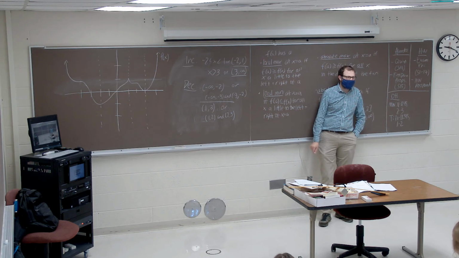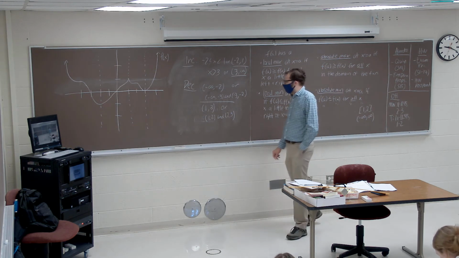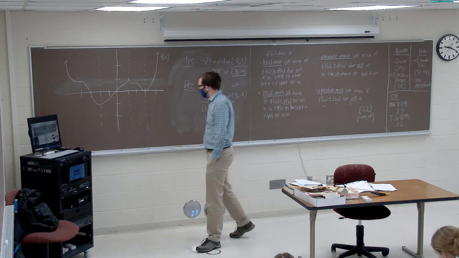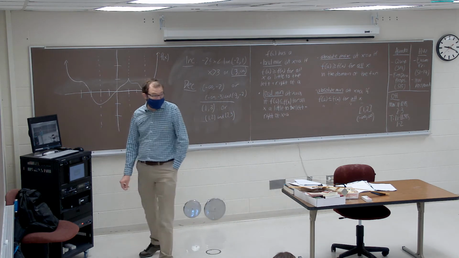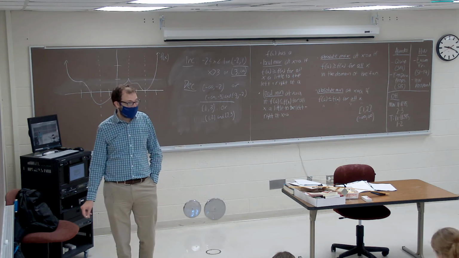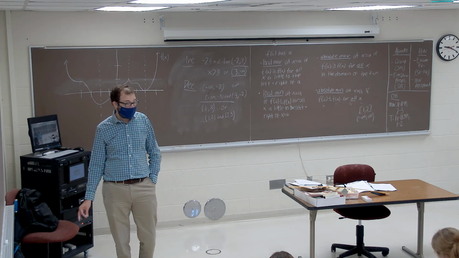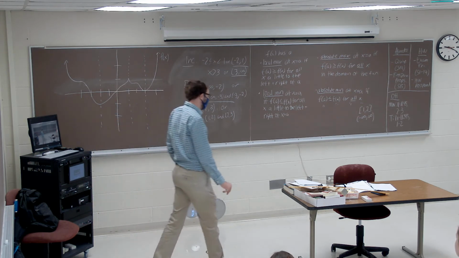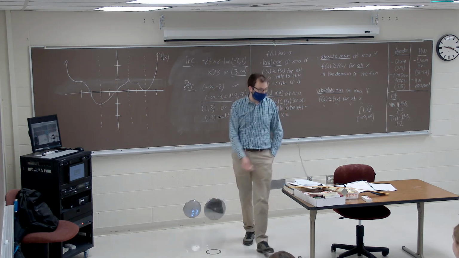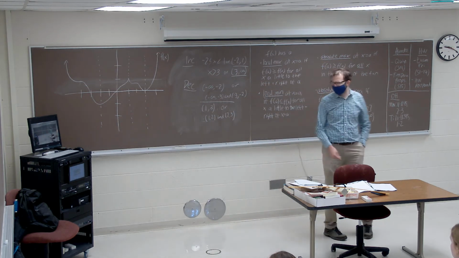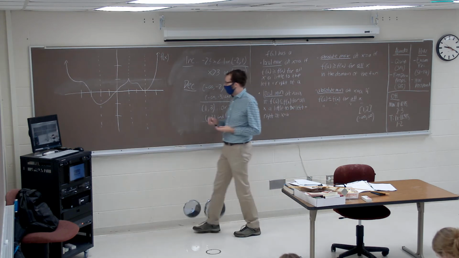How about values of x where this function looks like it has a local maximum? So in other words, is anyone able to find any values of x where the y value at that point is bigger than all the y values close by? Zach? At x equals 1. At x equals 1?